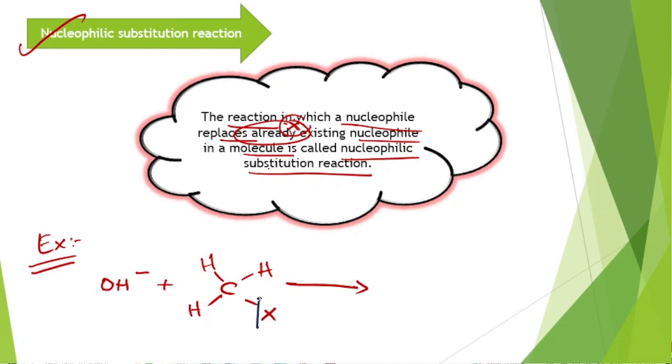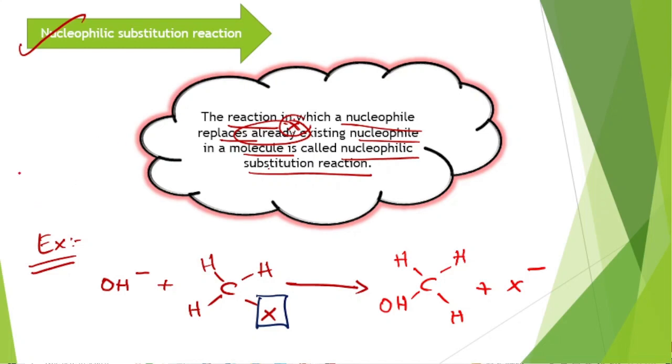That means the old nucleophile X will be removed, and the newly coming nucleophile will take its place. So your product is CH3OH plus X minus. The already present nucleophile is replaced by another nucleophile. That is called nucleophilic substitution reaction.